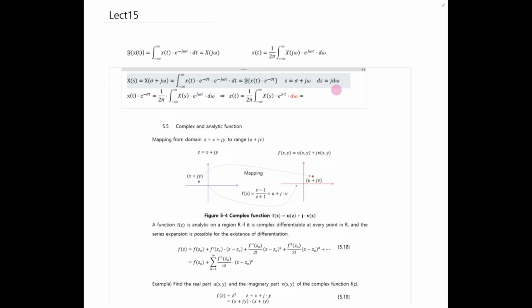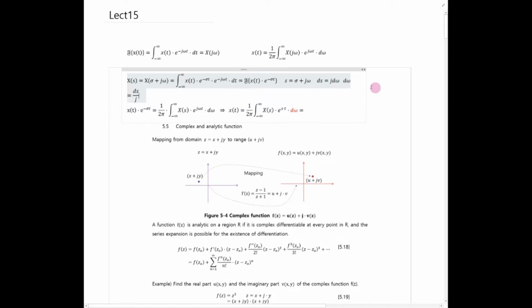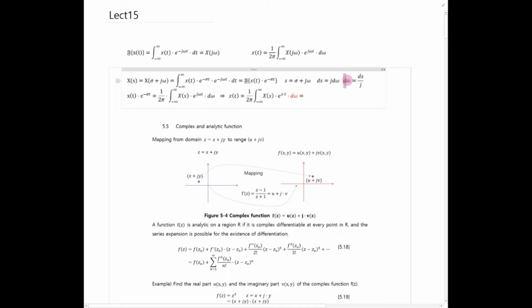That's why d omega is given as ds over j.